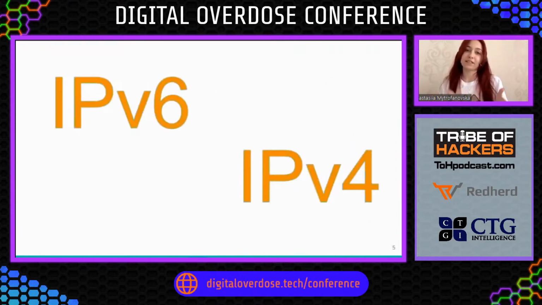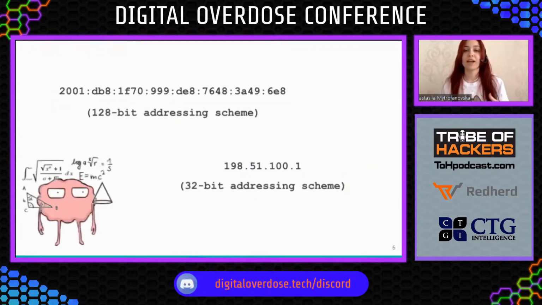IPv6 is the latest version of the Internet Protocol, and the version we are all familiar with more is IPv4. The key difference between the versions of the protocol is that IPv6 has significantly more address space. And as you can see, addresses do look different as well.